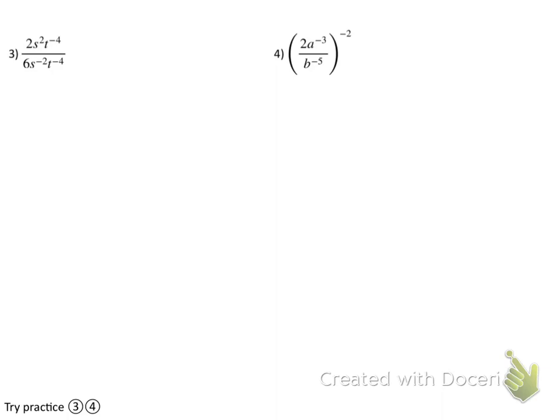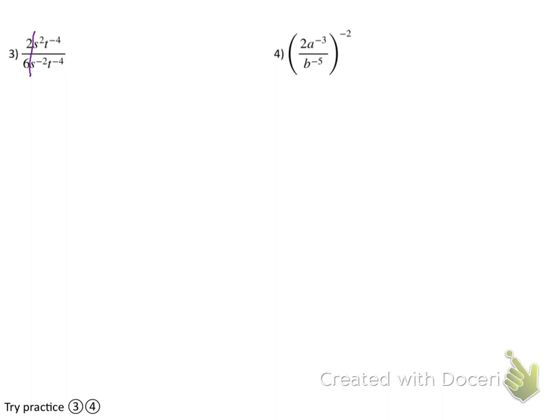For the quotient of powers, you keep the base and subtract the exponents, right? So the new exponent will be the exponent from the top minus the exponent from the bottom. So pretty much the question lays out the parts for you.